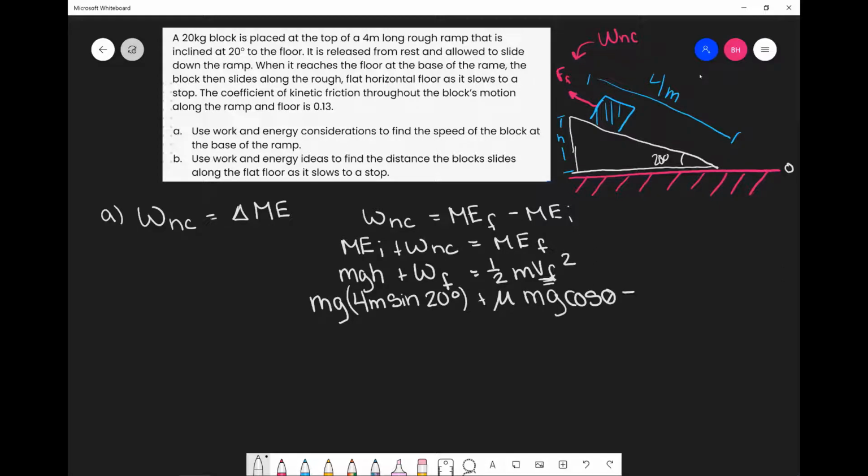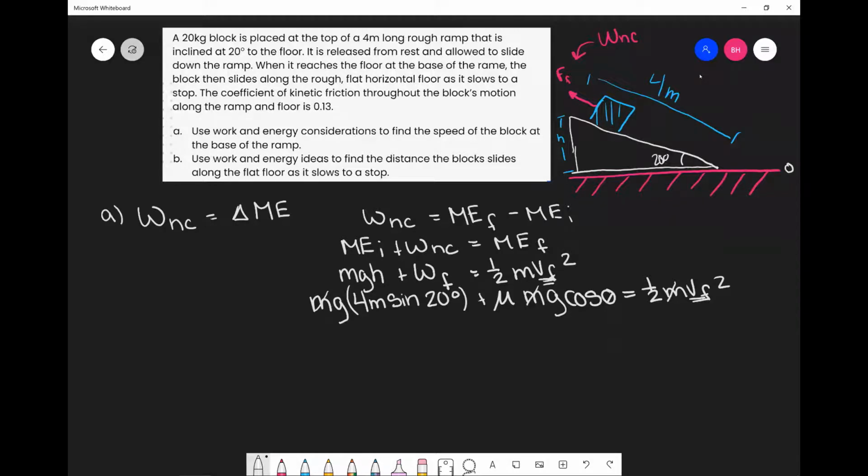And let's go ahead and start plugging in, and this is still 1/2 m v final squared. One thing I want to show is that notice that my masses all cancel out. So actually I don't have mass in this problem. So let's plug in everything else, remembering that we are solving for v final. So let's plug in all my variables.